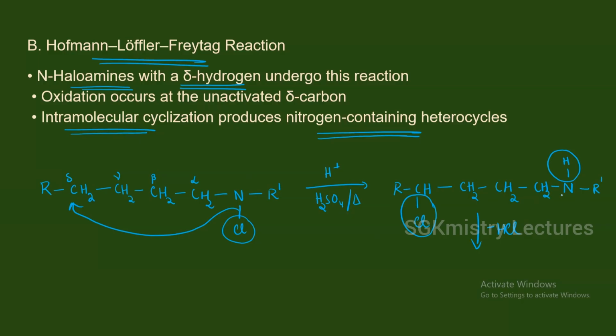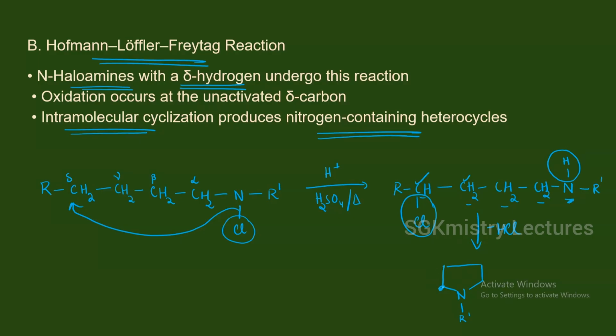Now you can see in the ring 1, 2, 3, 4 and 5, so you get a 5-membered ring of which the nitrogen is also a part. Nitrogen is attached to R dash. Keep it as such. Now we have this CH2, another CH2 group, this CH2 group, and one more CH group which is attached to nitrogen because of the loss of Cl and H. So I'm directly connecting this.